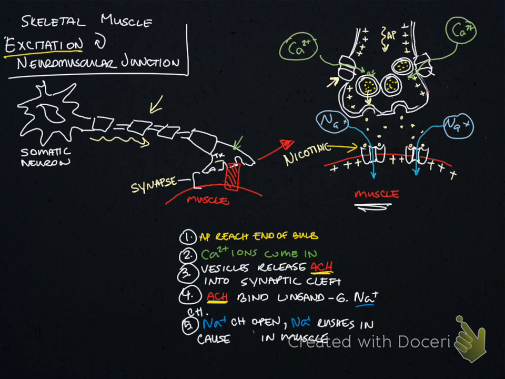So here we're having sodium flow into the muscle, and since we're adding this positive charge to a cell that had a resting membrane potential of negative 70 millivolts, it's going to cause that resting membrane potential to become more positive. And it sends this depolarization wave across the muscle cell. And the steps after that, that's what we're going to look at next.